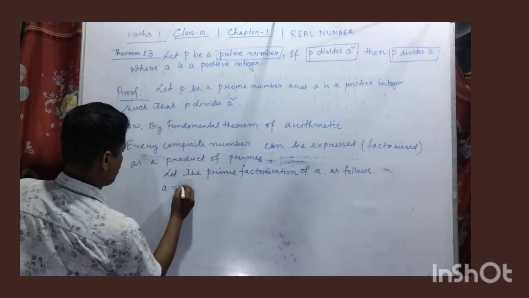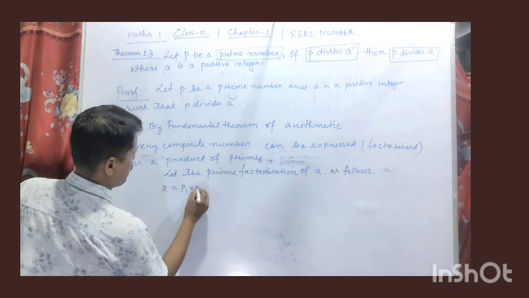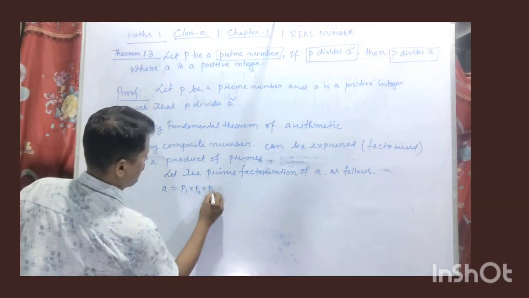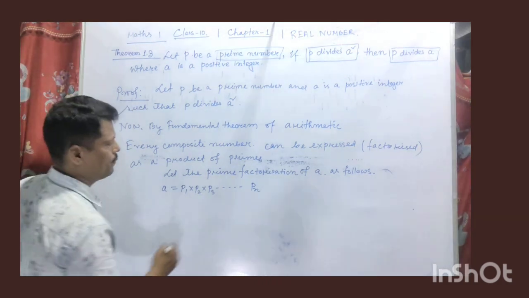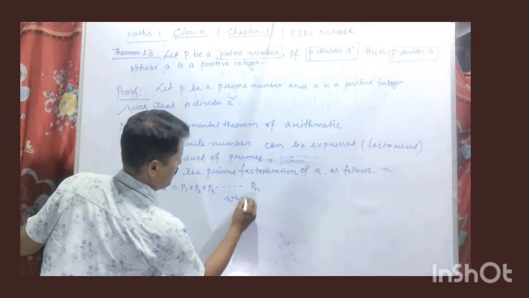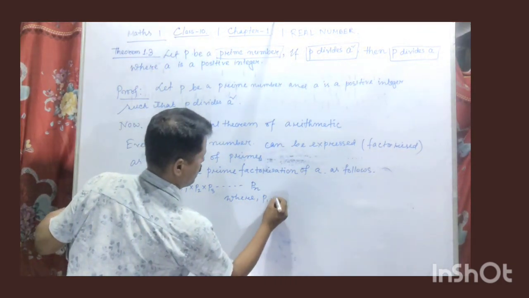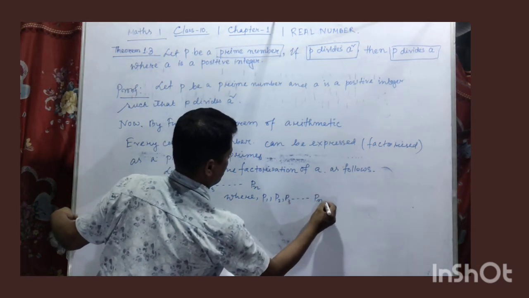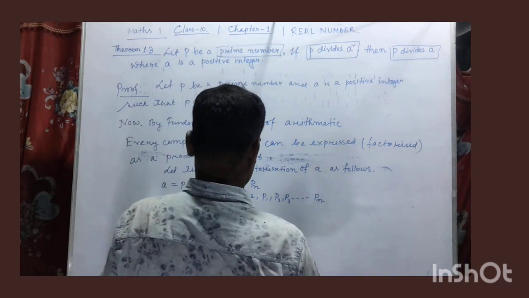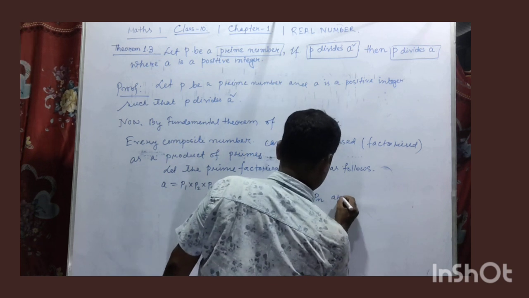A is equal to P1 into P2 into P3 dot dot dot Pn, where P1, P2, P3, dot dot dot Pn are prime factors.